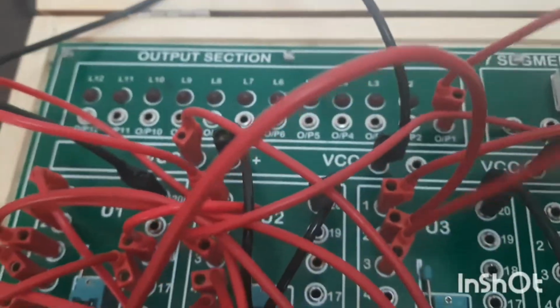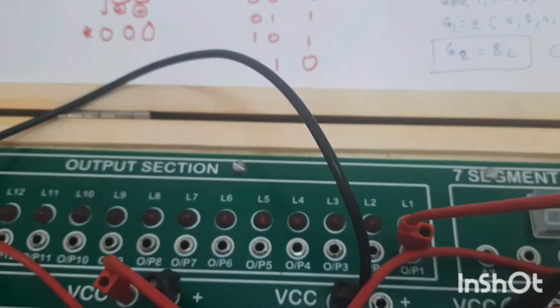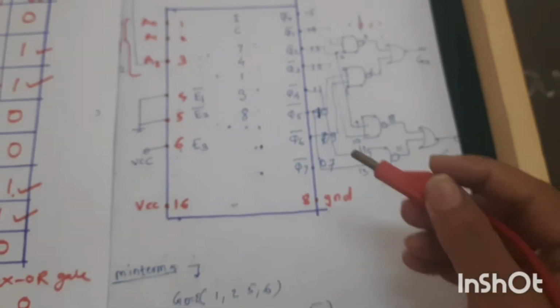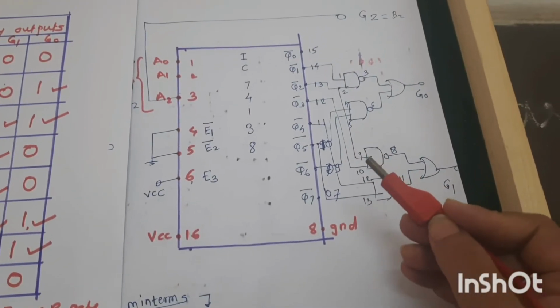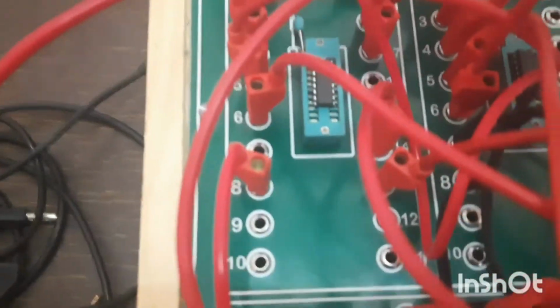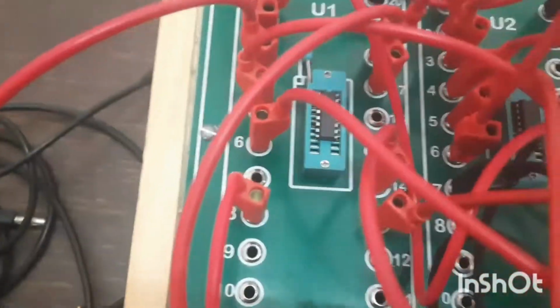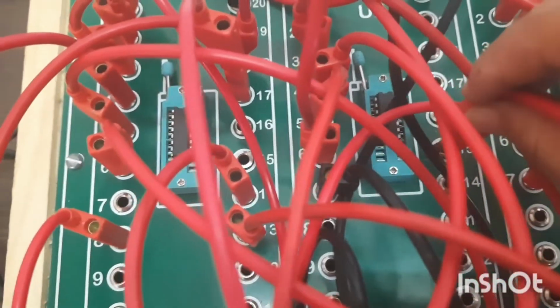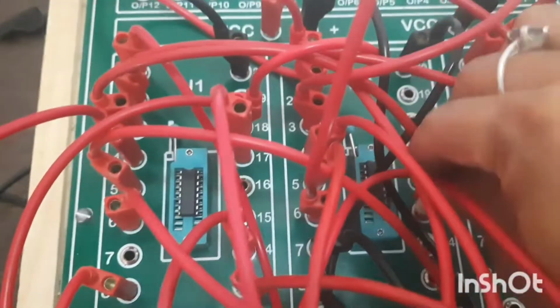So this is my G0. Now for G1, pin number 13 is connected to 9. Pin number 13 is connected to pin number 9, which is here, 8 and 9.